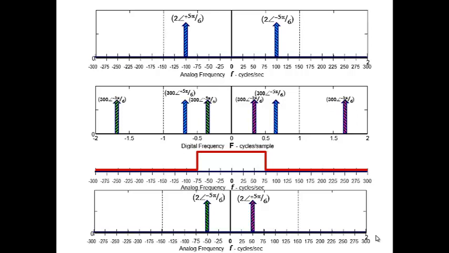And so we ask ourselves, does it alias? Is the sampling rate greater than 2 times the highest frequency? Is the sampling rate greater than twice that? No. Therefore, it is going to alias.